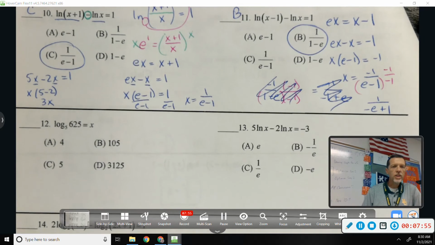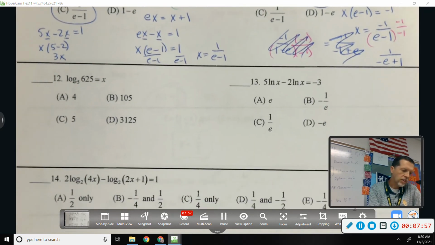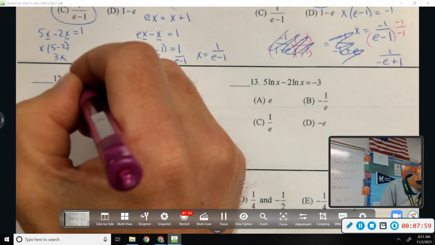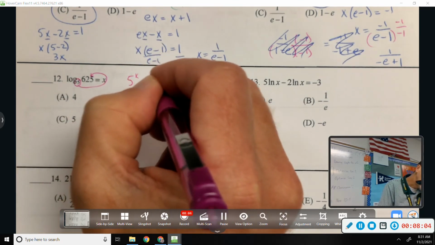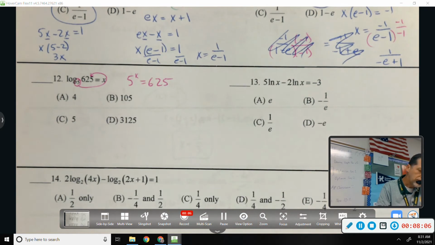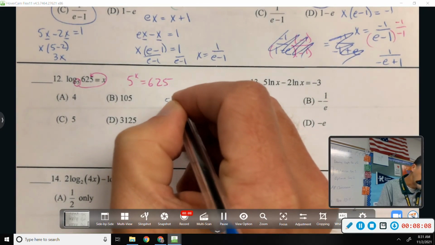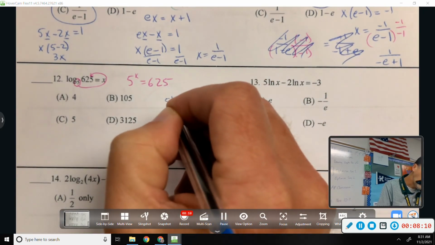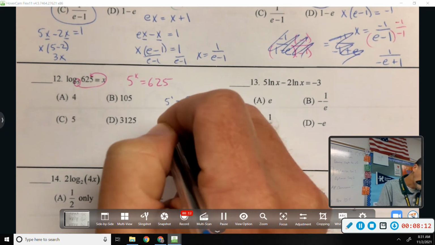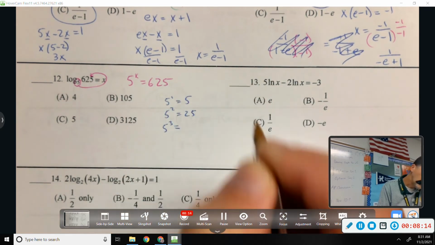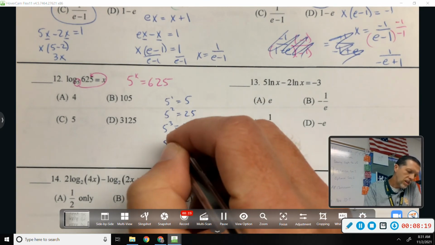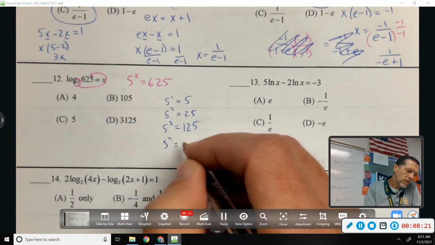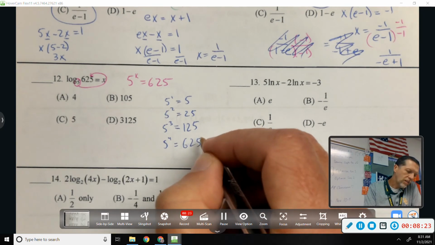So if we do the fishhook thing, 5 to the x equals 625. Well, I don't know, but 5 to the first is 5. 5 squared is 25. 5 cubed is 125. And 5 to the fourth is 625.